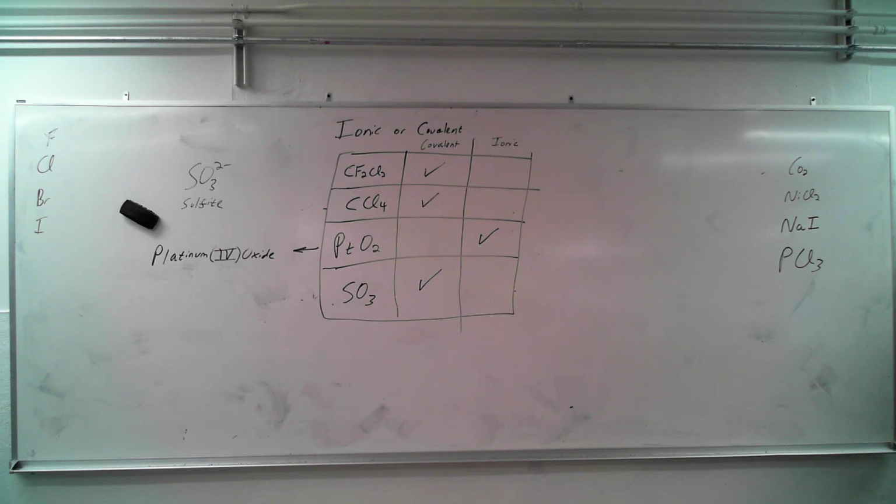Okay, 49 and 50 are good practice. I won't do 49. Silver is Ag. Sodium, aluminum, potassium. Skip the silver one.